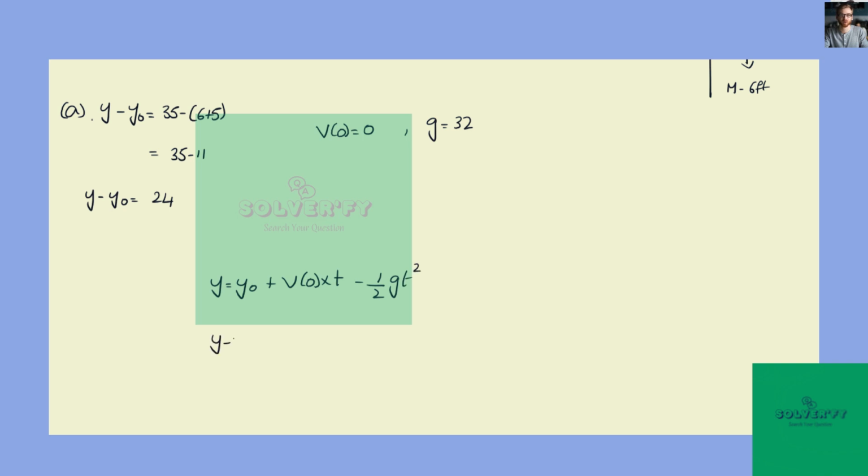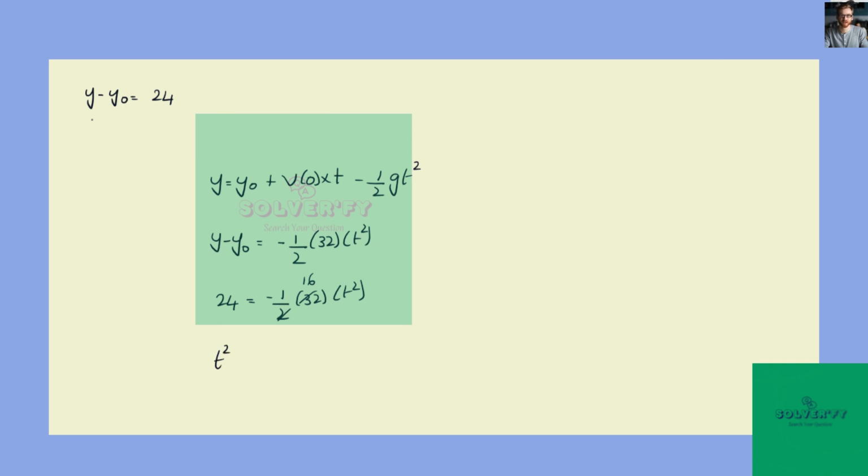So y minus y naught equals v naught is 0, so 0 multiplied by t is 0, minus 1 over 2 times 32 multiplied by t squared. So y minus y naught, 24, equals negative 1 over 2 multiplied by 32 into t squared. Simplifying this, we'll have 16 right here.